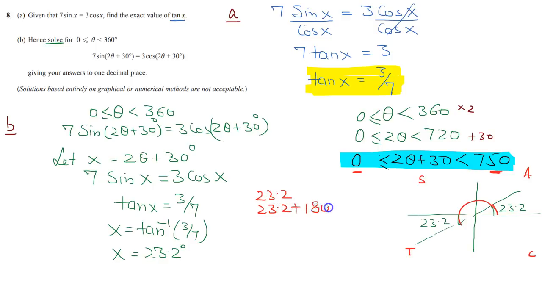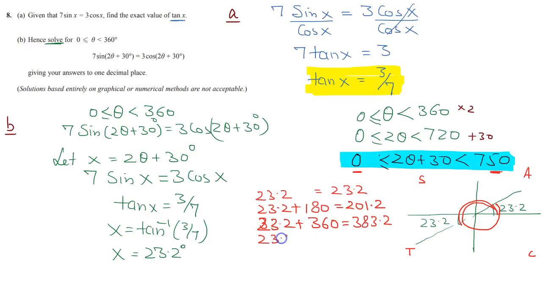Then the next angle is 23.2 plus 180, which is 201.2. Then 23.2 plus 360, so that is 383.2.